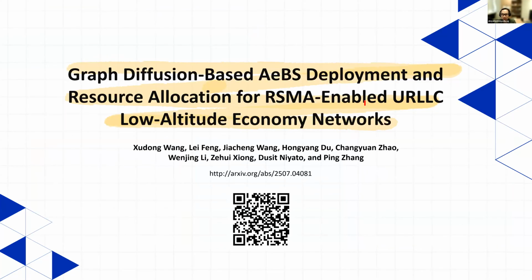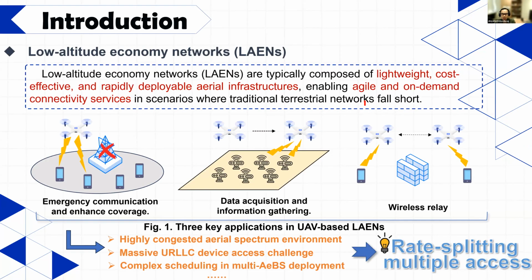We also have another extension of this work where we apply the graph diffusion based approach for aerial base station deployment and resource allocation for RSMA-enabled ultra-reliable low-latency communication in the low altitude economy network. Here the low altitude economy network is the next generation of UAV networking.